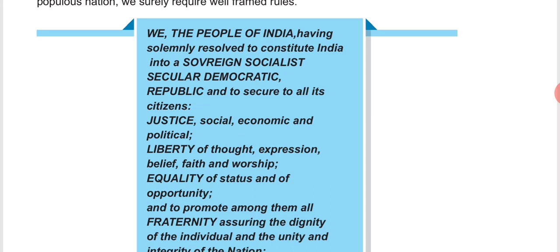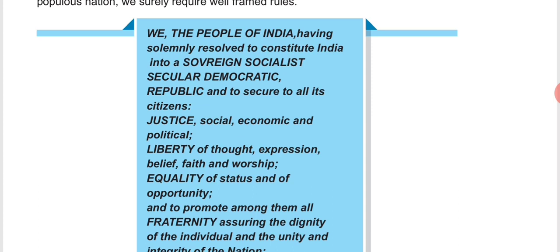So socialist means equality without any discrimination on the grounds of color, caste, creed, religion, language, etc. Then comes the word secular.